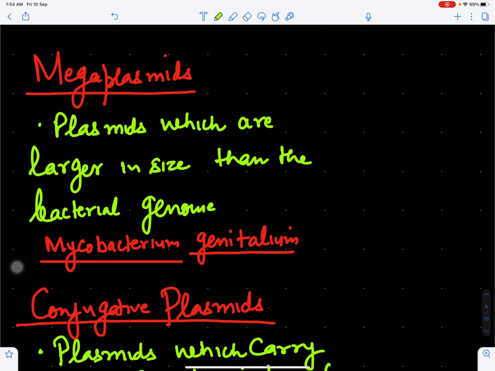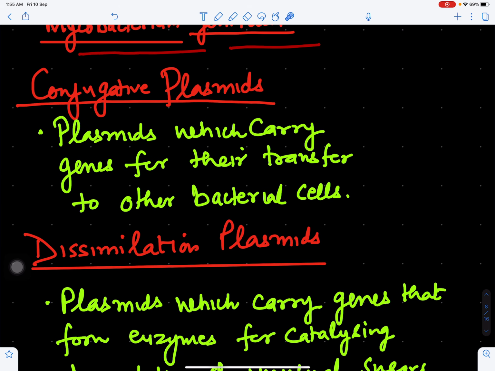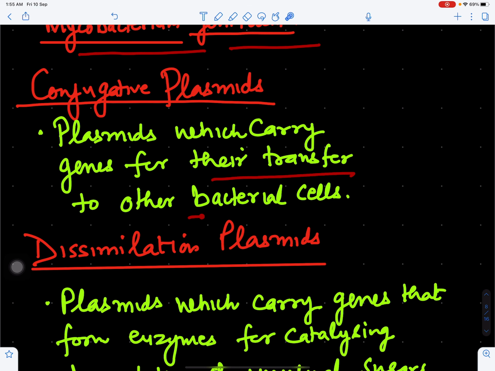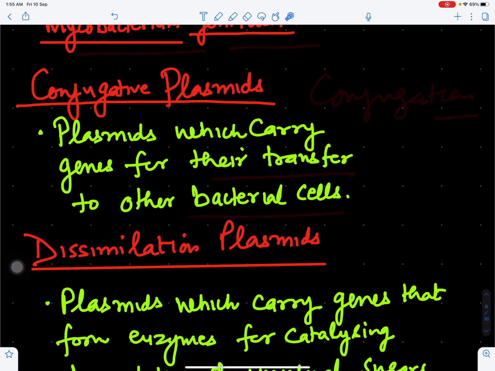Sometimes plasmids are quite big in size. When they are quite big compared to other plasmids, they are called megaplasmids. An example is Mycoplasma genitalium. Some plasmids carry genes for their transfer to other bacterial cells, and they help in the conjugation process, so they are called conjugative plasmids.